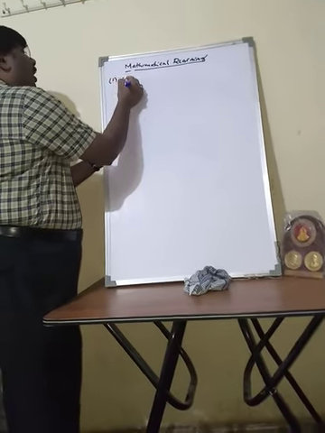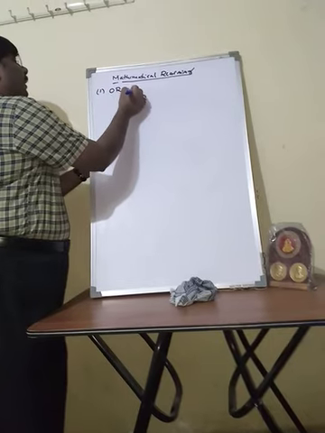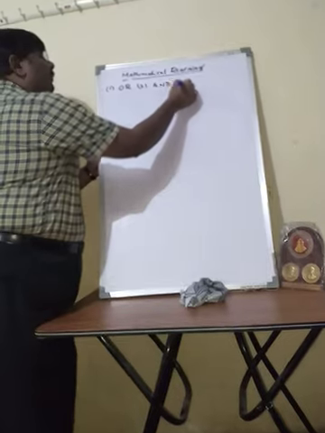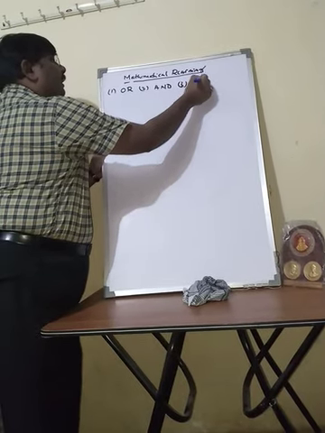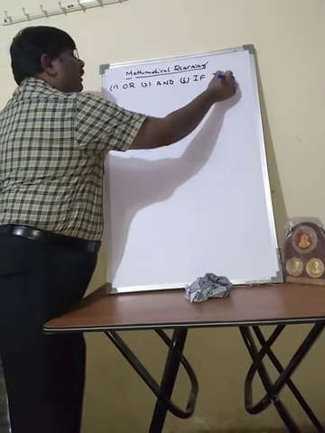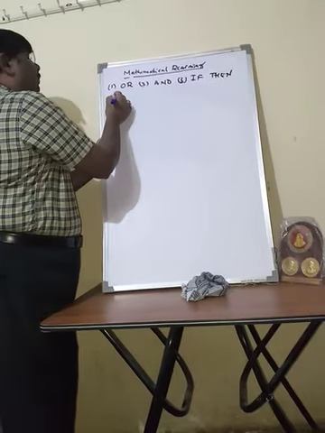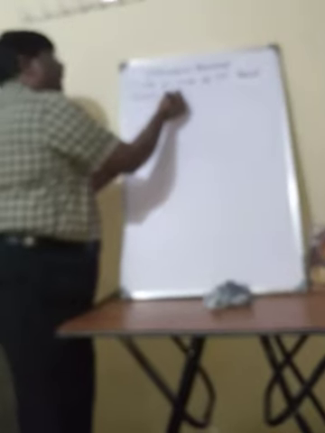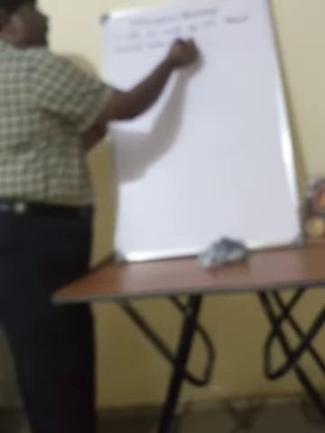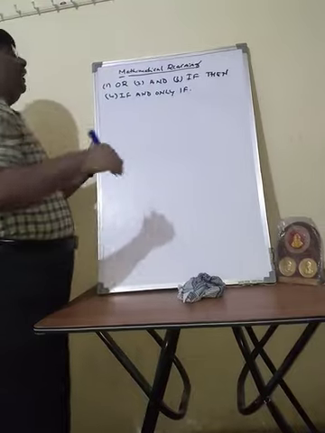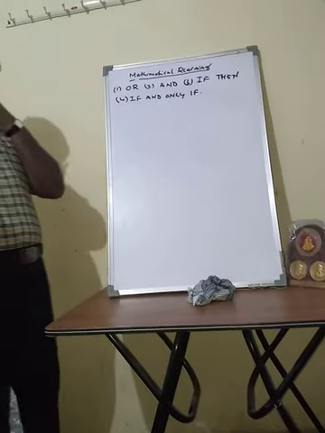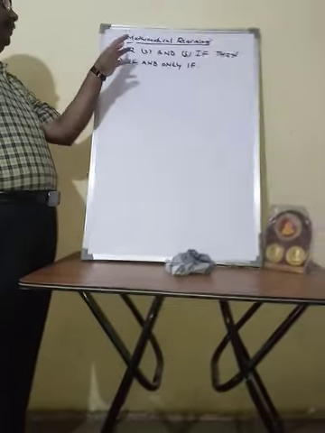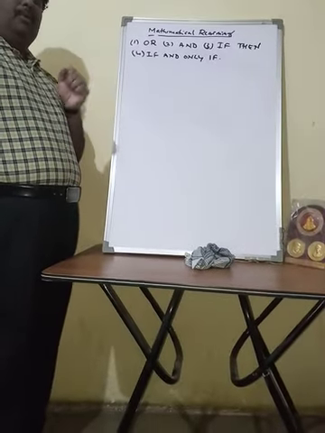First one, or; second one, and; third one, if then; and fourth one, if and only if. These four words act as connectives to form compound propositions.